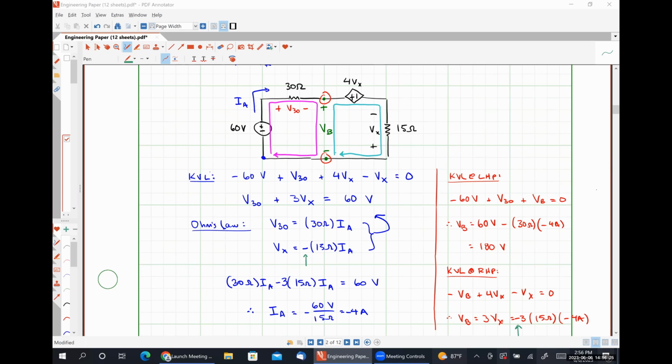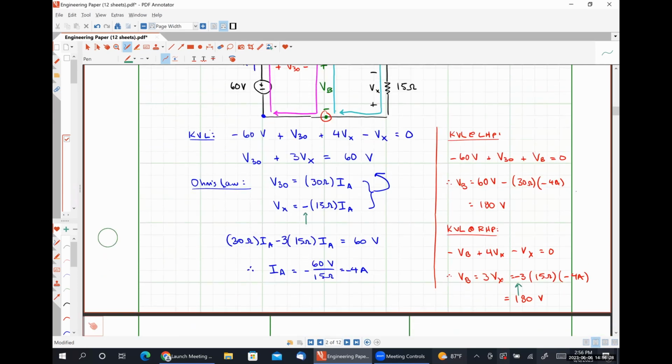So let me squeeze it in right here. I have 3 times negative 15 ohms times my current IA. And that IA is just this negative 4 amps here. And so that's why those 2 negative signs wind up canceling each other out, and we get positive 180 volts in each case.